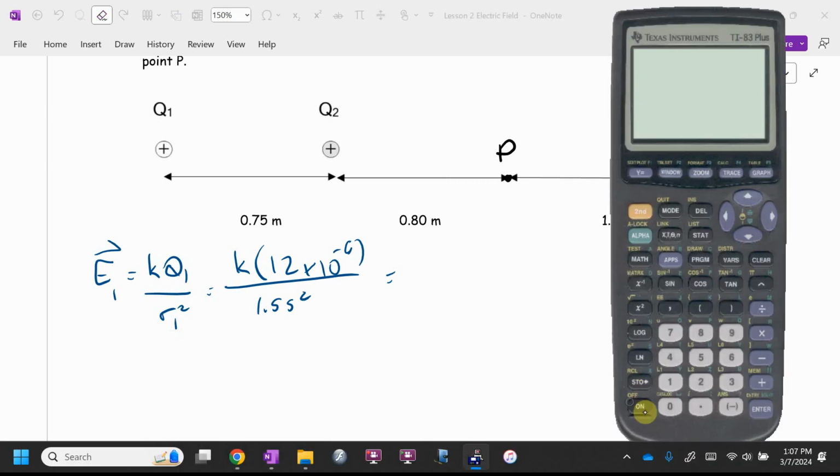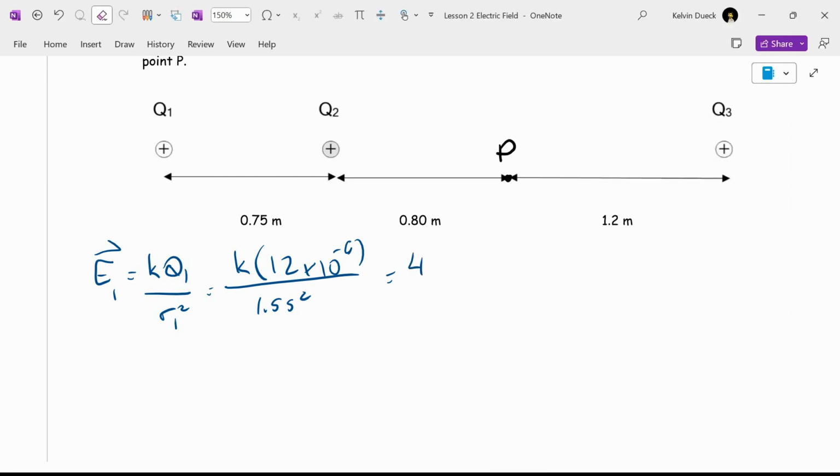All right. The nice thing is these are repetitive enough that once you type one, you can usually backspace, edit, and just change the numbers quickly. I got 44,950. I'll go to 4 sig figs for now: 4495 newtons per coulomb.